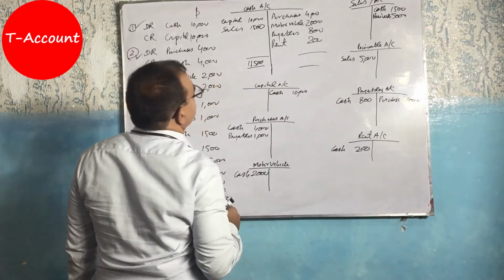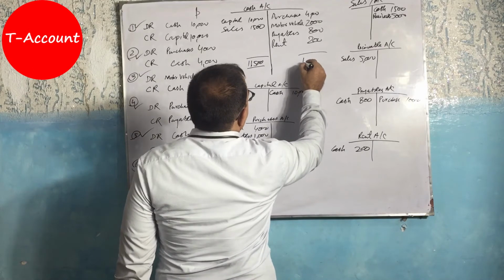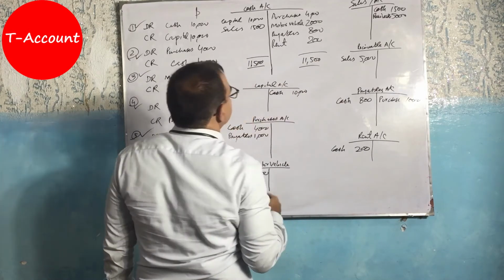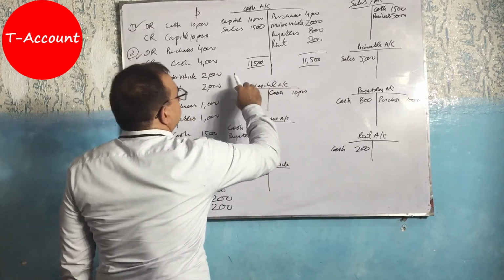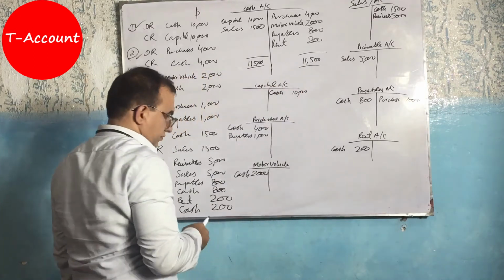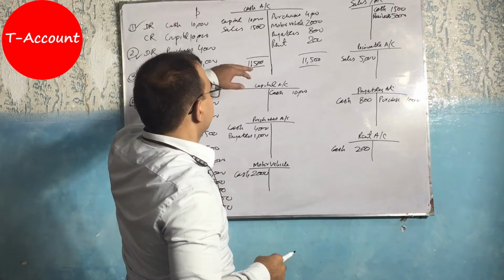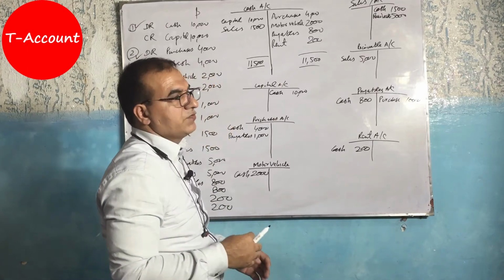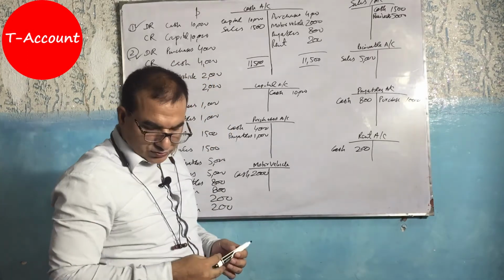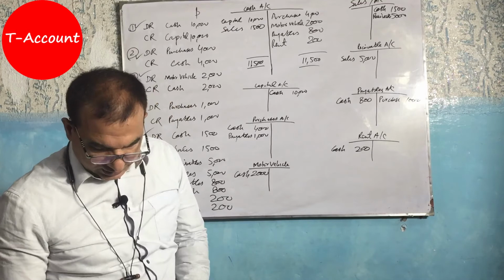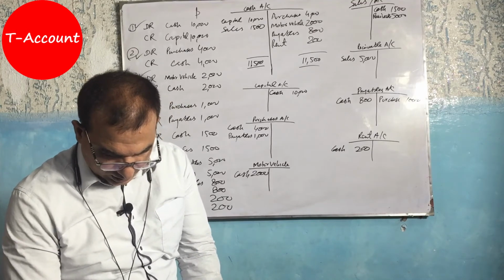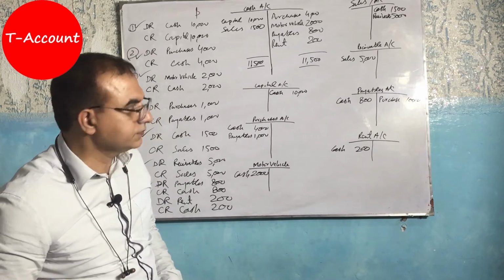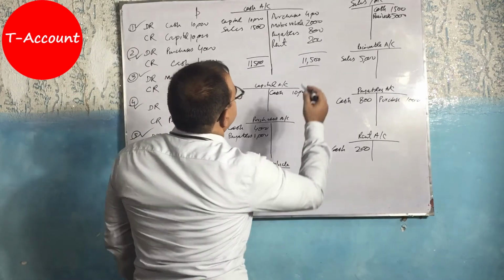I think this side is bigger, so write this on this side as well, 11,500. That is our objective. Both sides should be balanced, equal to the bigger side. Now this side is not adding up to this 11,500. Whatever amount is missing, do we have a calculator? Whatever amount is missing, we'll put it here.